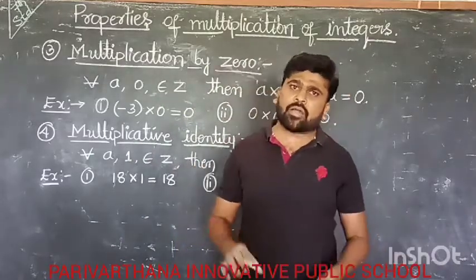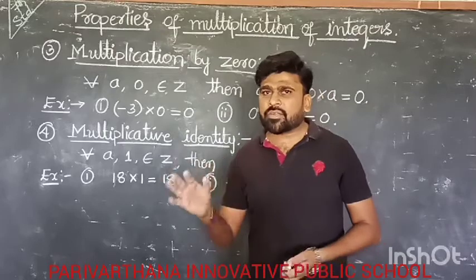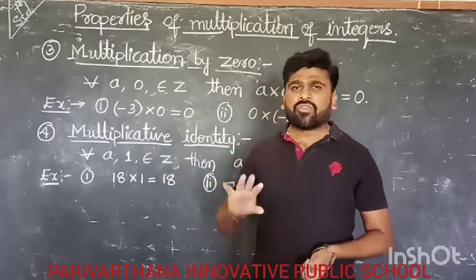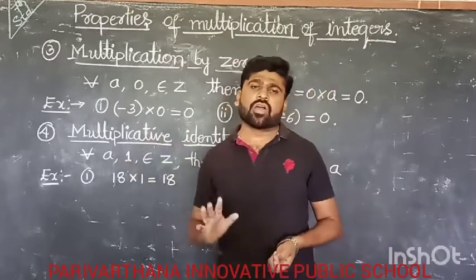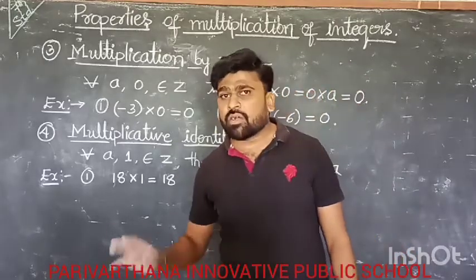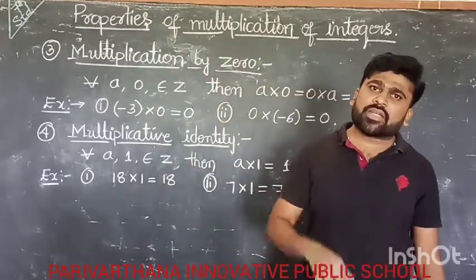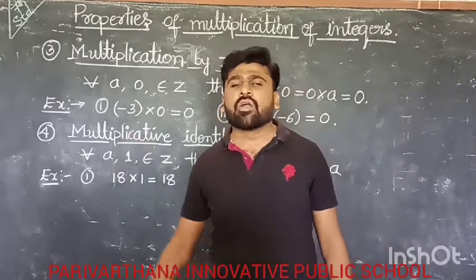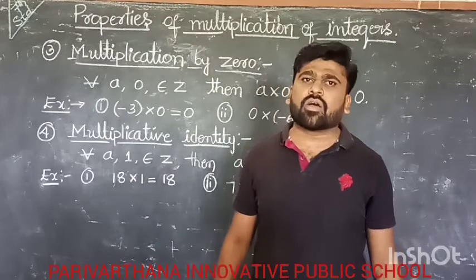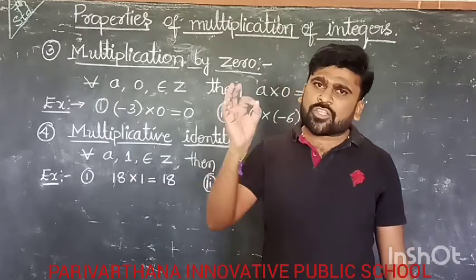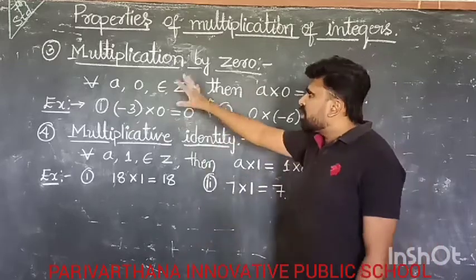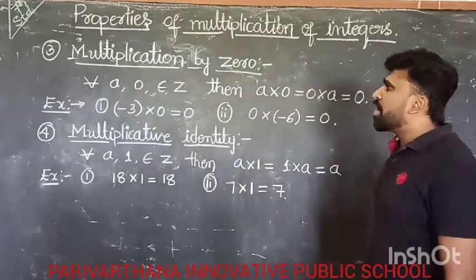Multiply any number with 0: 1 into 0, answer is 0. 2 into 0, answer is 0. 5 into 0 is 0. 10 into 0 is 0. Minus 20 into 0 is 0. Minus 30 into 0 is 0. Minus 50 into 0 is 0. Any number multiplied by 0 gives the answer 0. That is multiplication by 0.